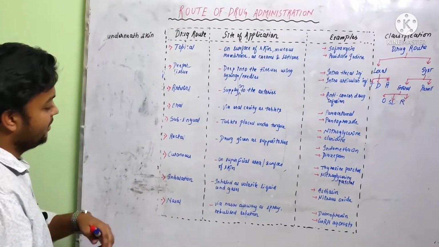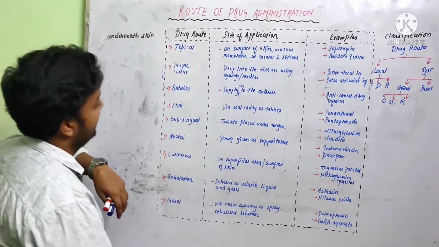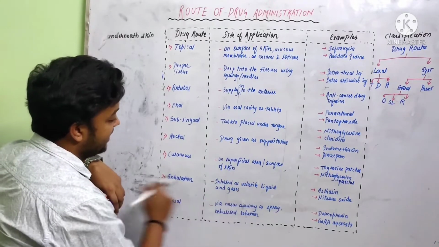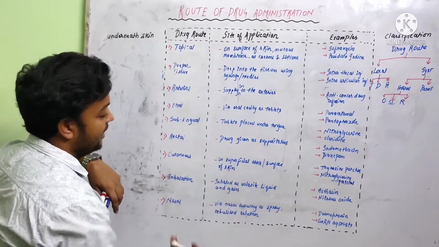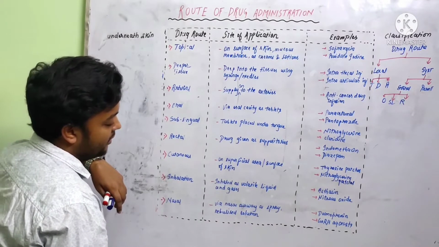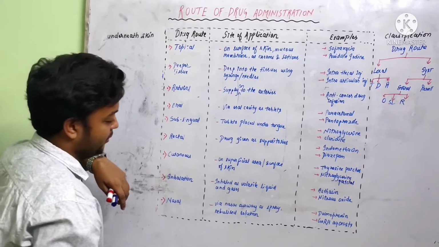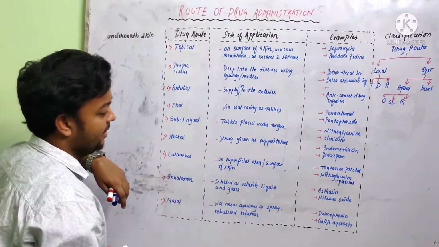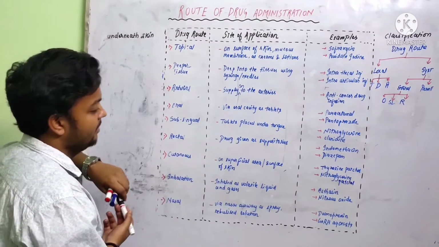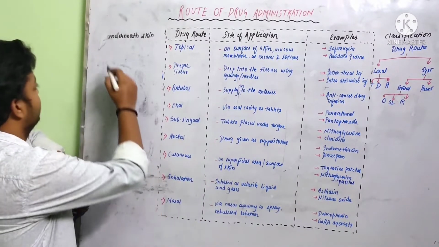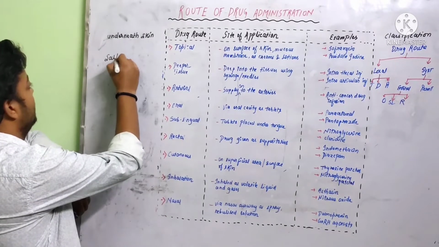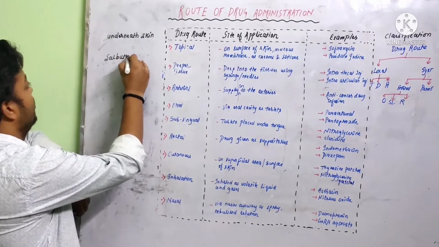In inhalation, the application site is that the drug is inhaled as volatile liquids and gases. Volatile means a liquid which evaporates or vaporizes even at a low temperature. The example is Asthalin. Asthalin is a brand name, and it contains salbutamol, which is a bronchodilator.